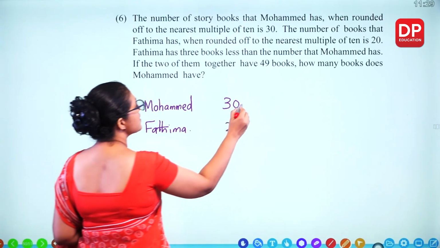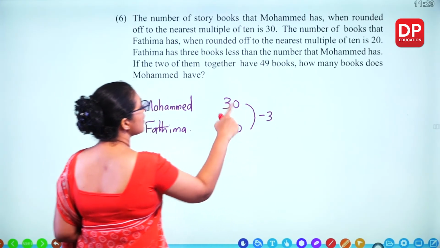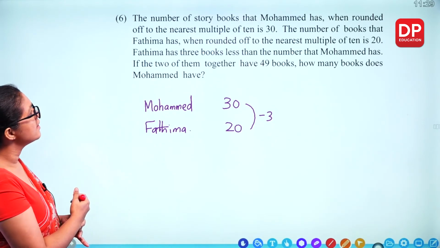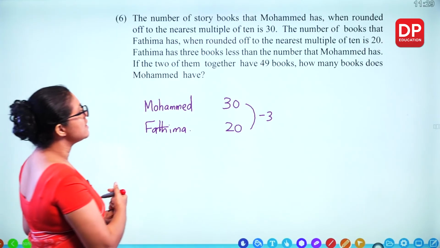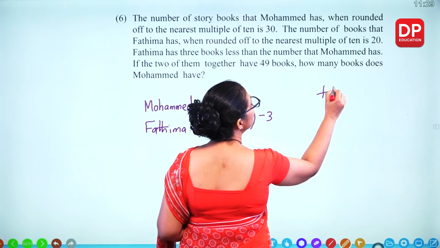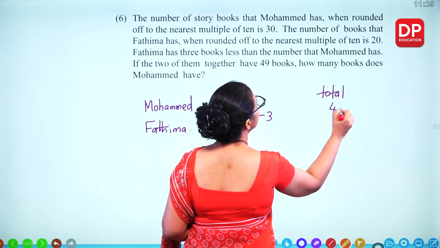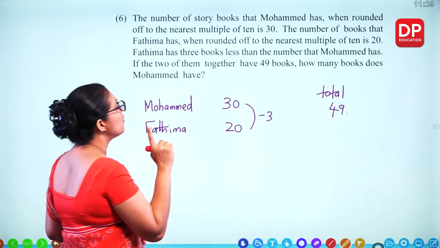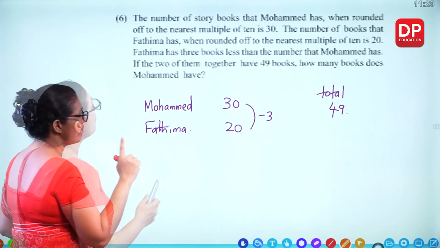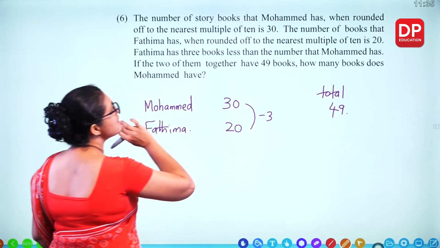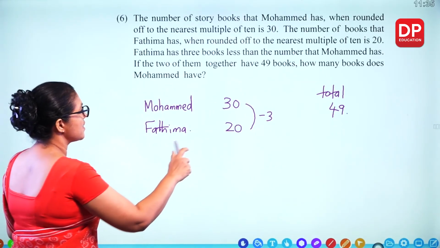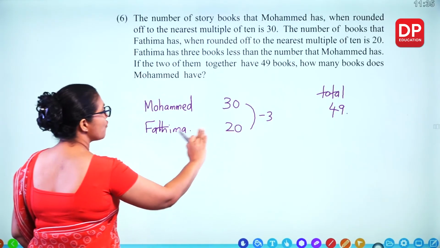So the difference is 3 and the total is 49. How many books does Muhammad have? We need to predict the number of books that Muhammad has. So here we can start from here.